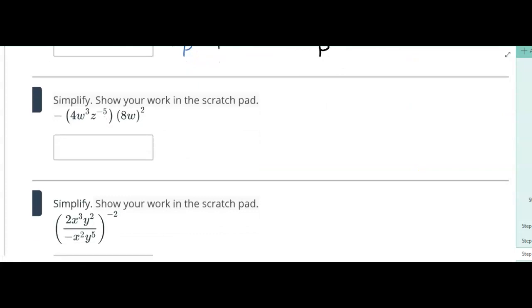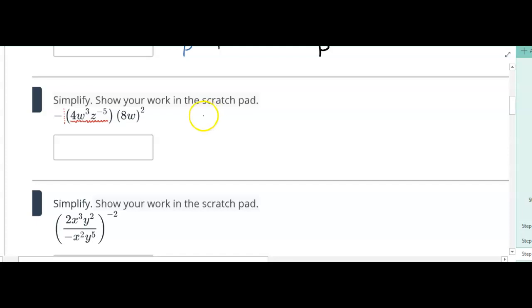On this next one, a lot of people wanted to take this invisible -1 out front and distribute it to the 4w cubed and to the z, but we don't do it that way because there's no plus or minus right here. This is all one term. It's one big term.